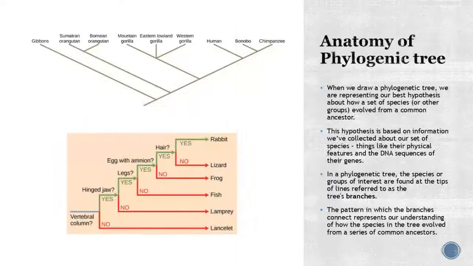So let's look at the anatomy a little bit more. When we show this, we're saying that all species from this point on have evolved from a common ancestor. This top one is talking about the primates: the gibbons, the orangutans, the gorillas, the humans, the bonobos, and the chimpanzees.